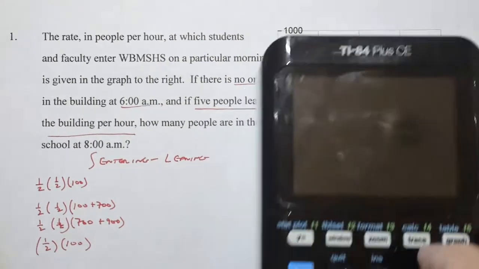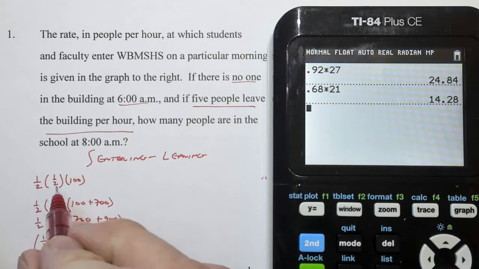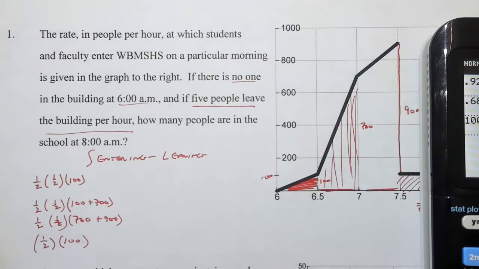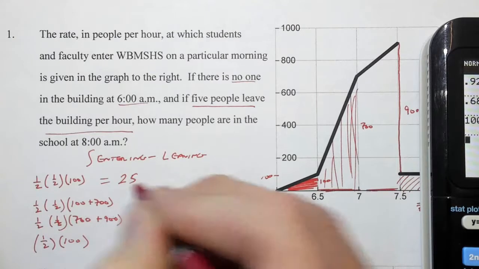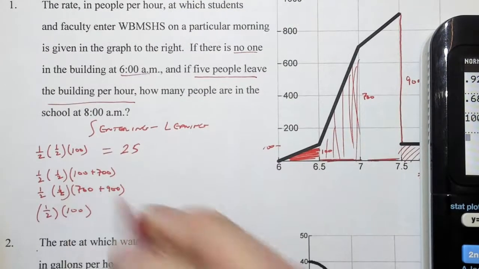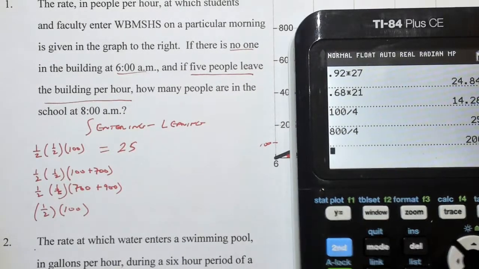If we take our calculator out real quickly, a half times a half is a quarter, so a quarter of 100. 100 divided by 4 is 25. We know our quarters there. Then we have 100 plus 700, that is 800, and a quarter of 800, doing some mental math, is 200.